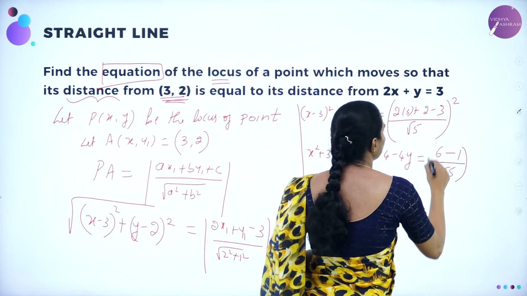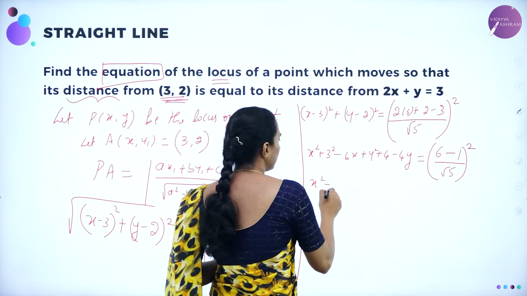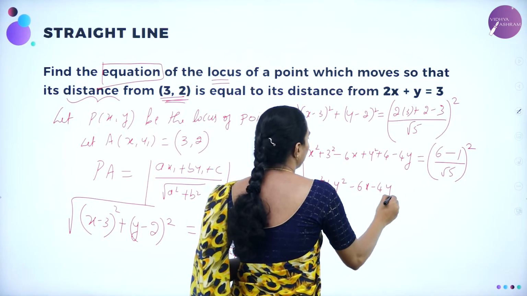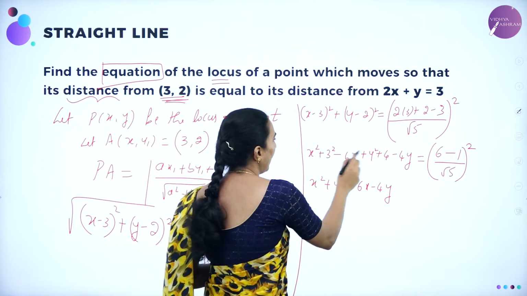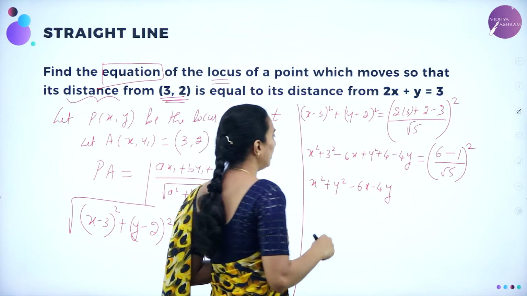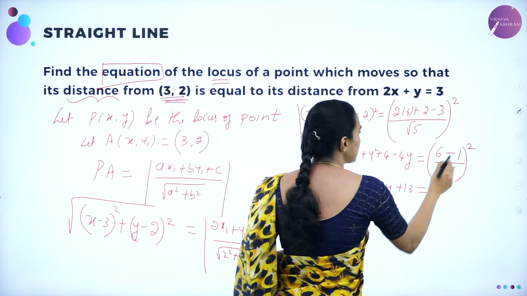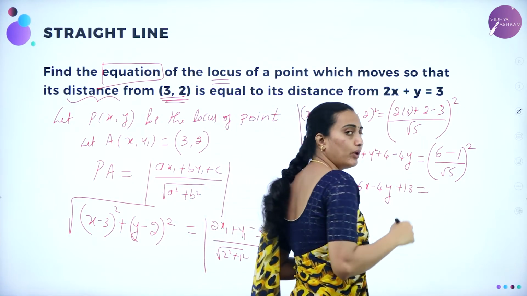You can consider this as x squared plus y squared minus 6x minus 4y. Now 3 squared is 9, 9 plus 4 is 13. So plus 13 equal to minus 1 whole squared, which is 1 divided by root 5 whole squared.